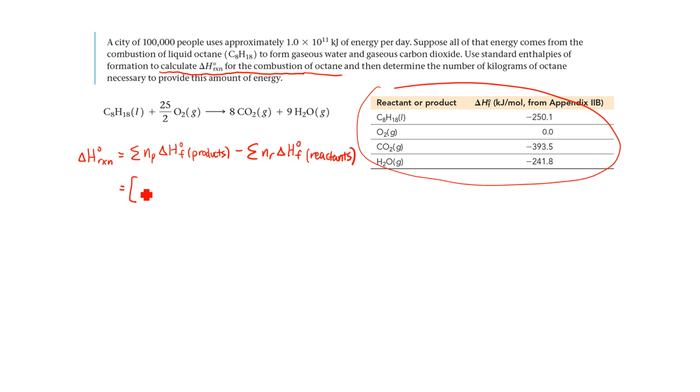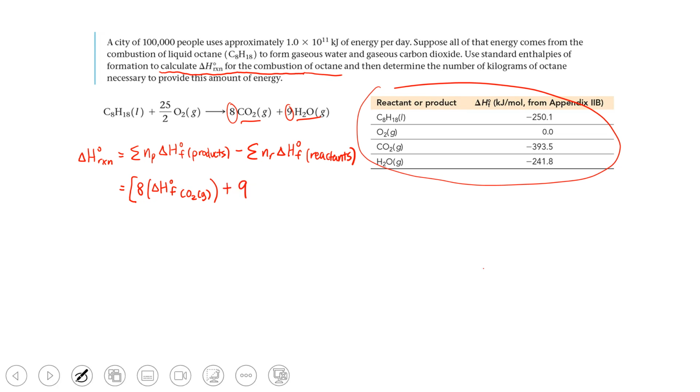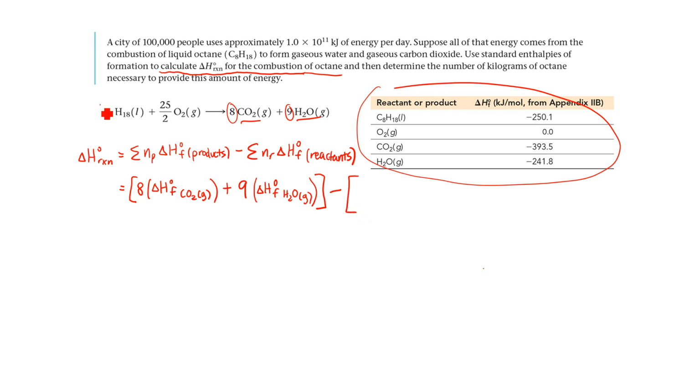Okay, let's see what we got. In our products, we have 8 carbon dioxides and 9 waters. So that's going to be 8 times the delta H naught formation of CO2 plus 9 delta H formation of water. So that's all the products, minus, now we got 1 octane and 25 over 2 oxygens.